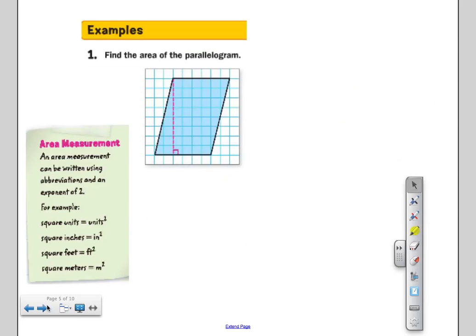Okay, let's find the area of the parallelogram. Here we have a parallelogram on a piece of graph paper. Let's count and see what is the base, and what is the height. I'm going to have this be my base, and I'm going to count how many units that is. 1, 2, 3, 4, 5, 6.